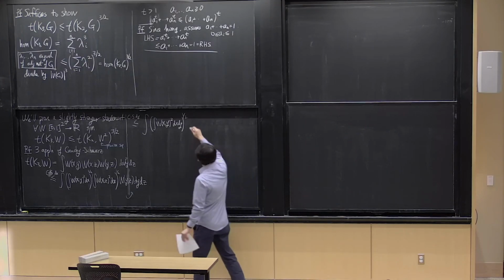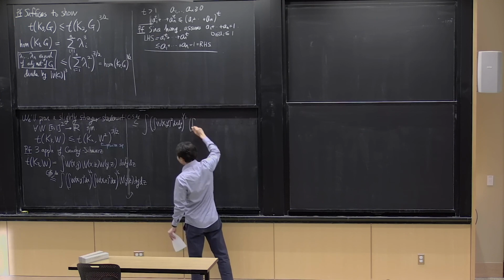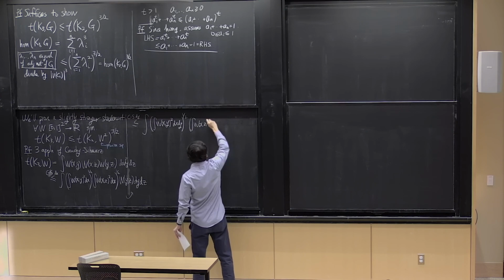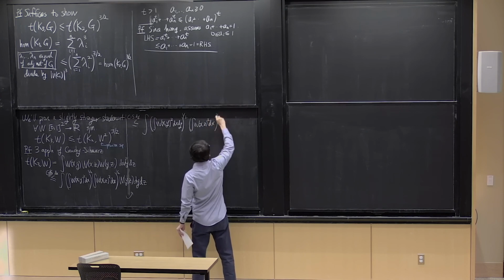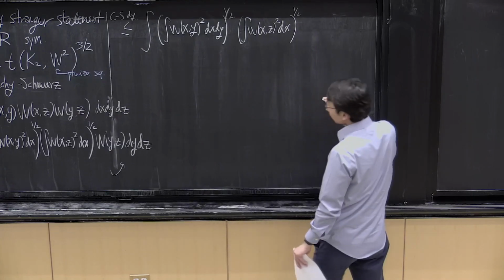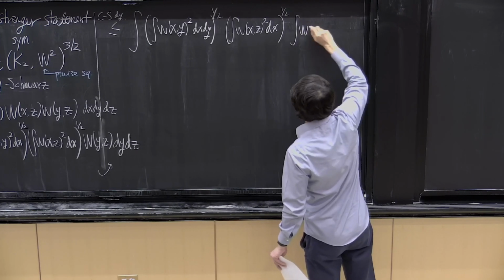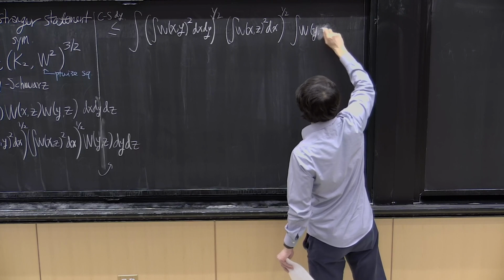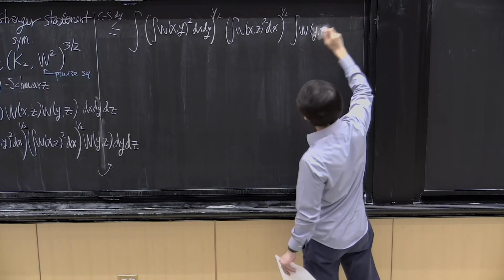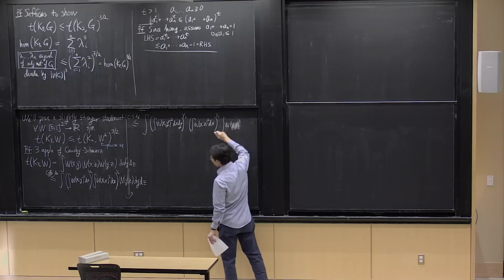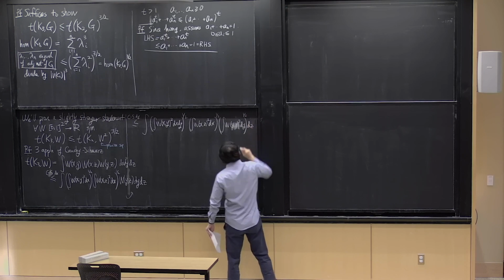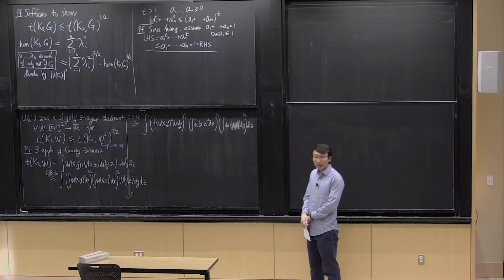The second factor does not involve y, so it is left intact. And the third factor is, again, integrated with respect to y after taking the square. Okay. And it's now dz that remains.